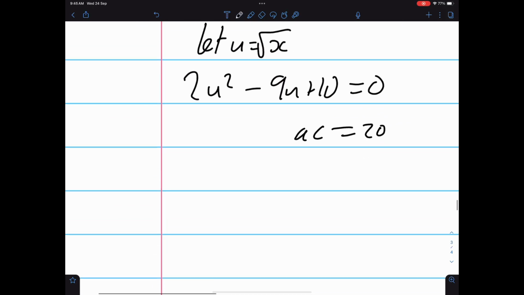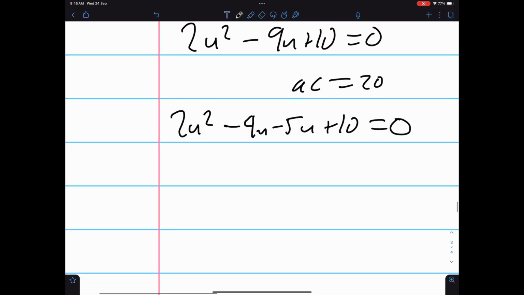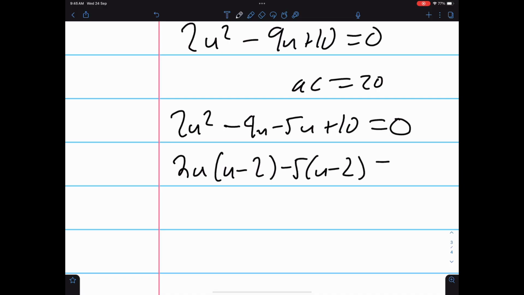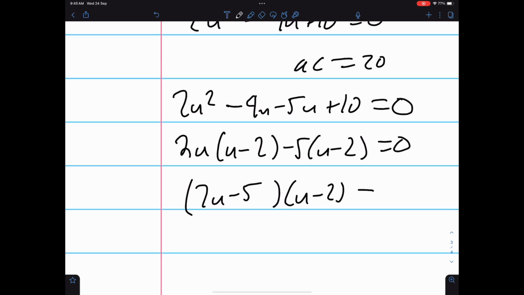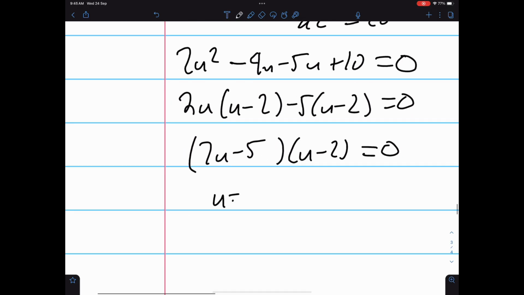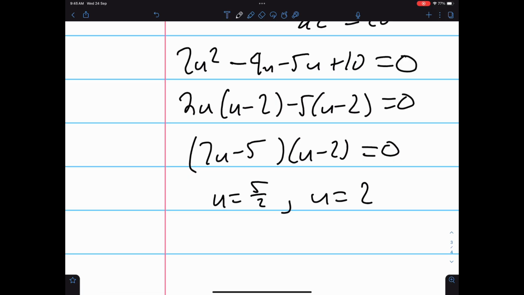AC equals 20. 2u squared minus 4u minus 5u plus 10 equals 0. 2u minus 5 bracket u minus 2 equals 0. u will equal 5 over 2 or u will equal 2.